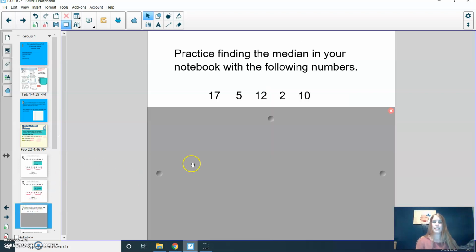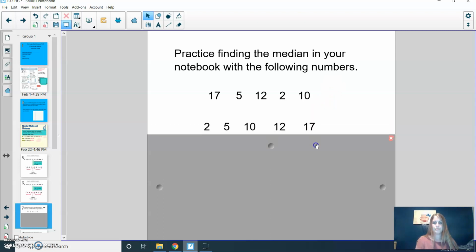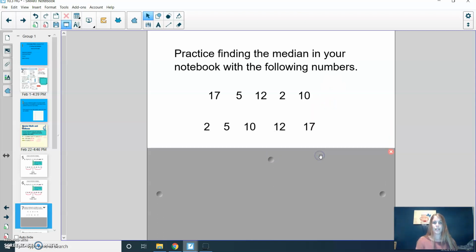Let's have you practice. In your notebook, write down these numbers in order from smallest to greatest. The numbers we have are 17, 5, 12, 2, 10. Press play when you're ready to see them in order. Your numbers should be in order 2, 5, 10, 12, 17.